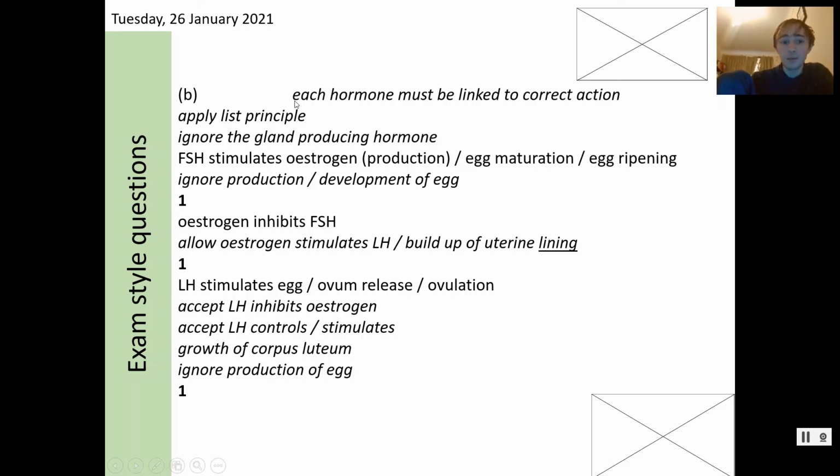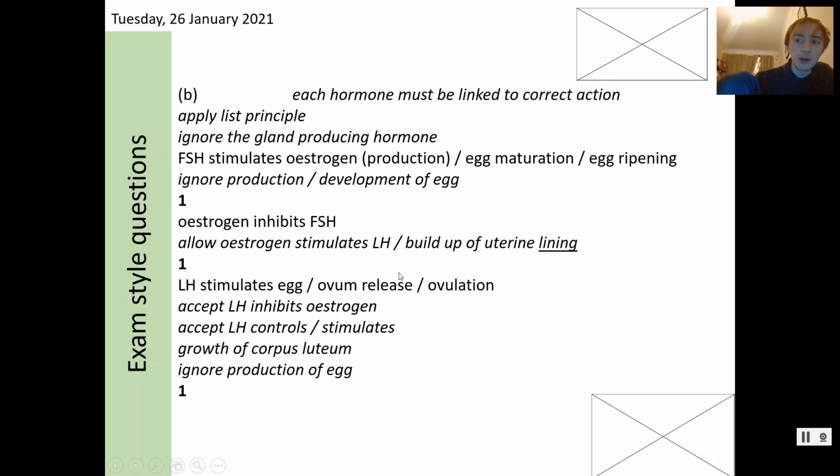That will get your mark. Estrogen inhibits FSH. You could say that. Or I would write estrogen builds up uterus lining. You get a mark for that. It's the main thing it does, so why not write it? It does block FSH as well. Great, but that's not the main thing it does. LH stimulates egg release.